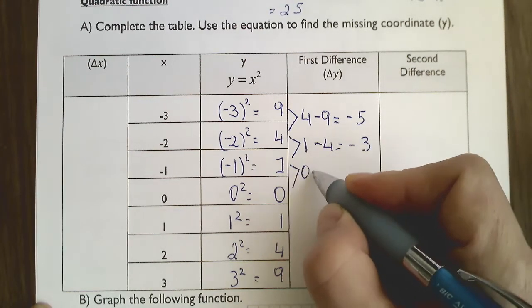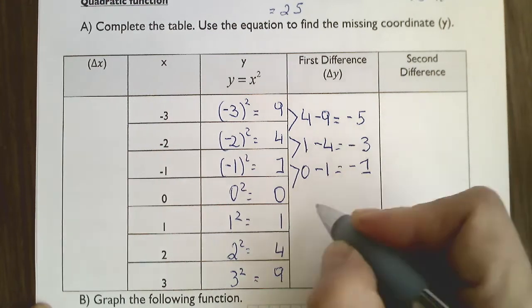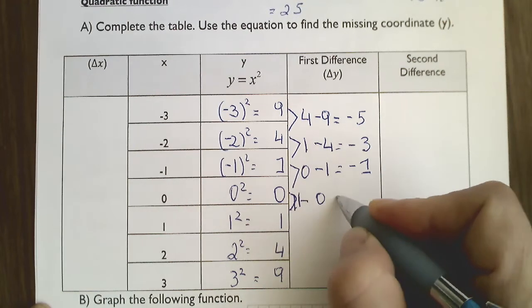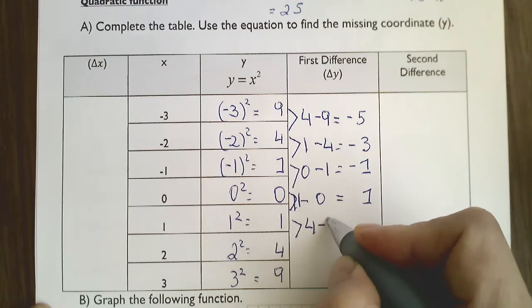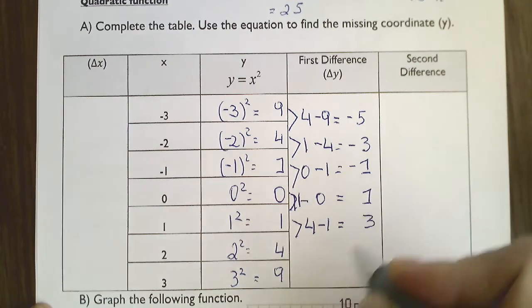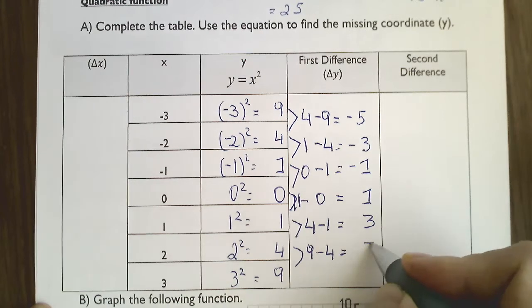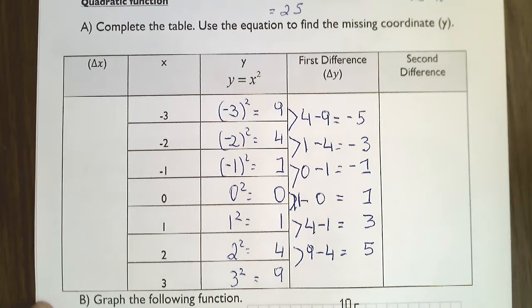Between 0 and 1 will be -1. Between 1 and 0 will be 1. 4 and 1 is 3. And 9 and 4 is 5. So first differences are not constant. This is definitely not a linear function.